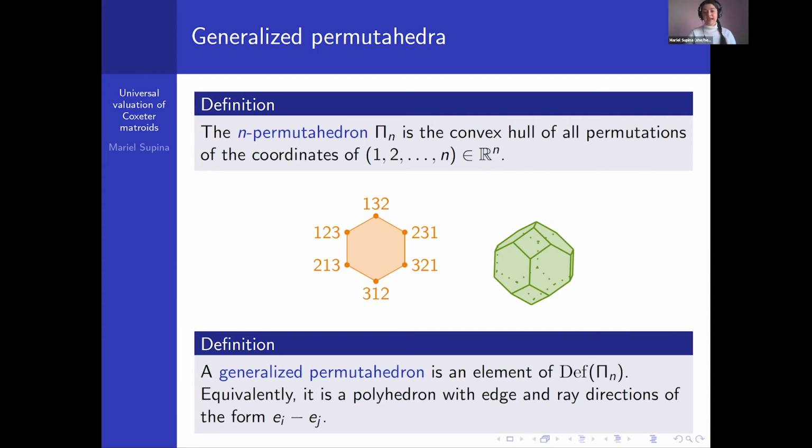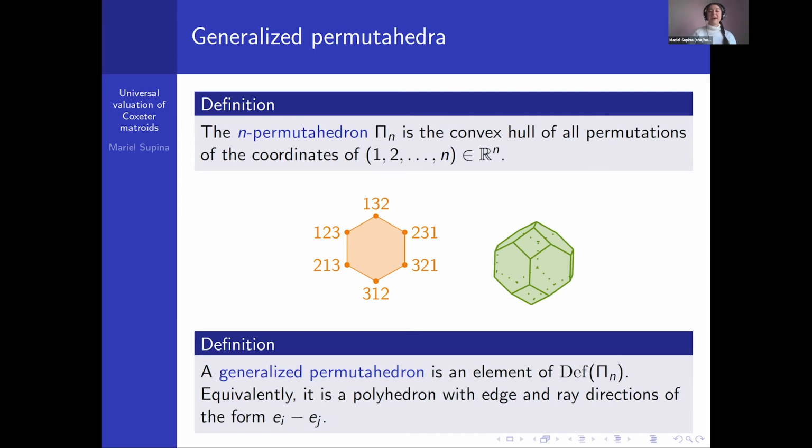If I go up a dimension and have n equals 4, then I get this green polytope on the right, which has 24 vertices, or 4 factorial, the number of permutations of 1, 2, 3, 4. One thing to notice is that these are always going to be n-1 dimensional, because all the vertices have their coordinates add up to the same thing, so it lives in a hyperplane inside of R^n.